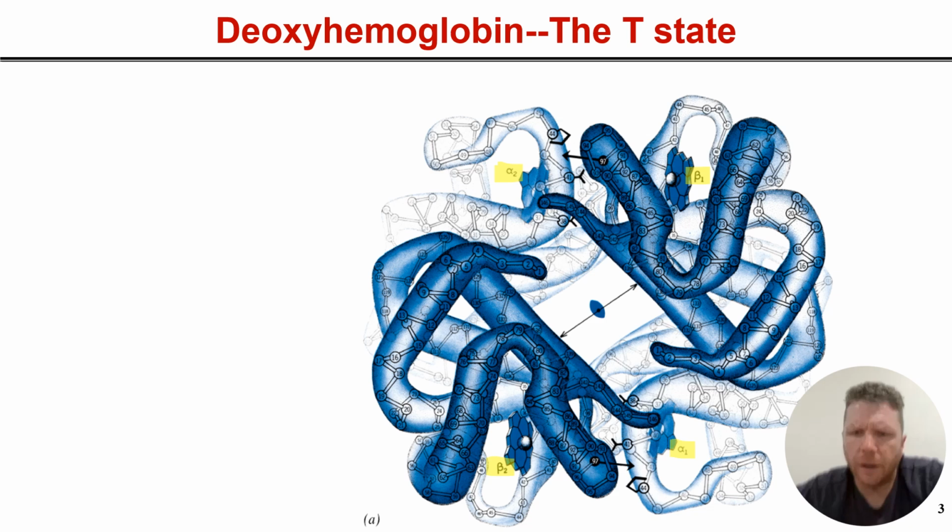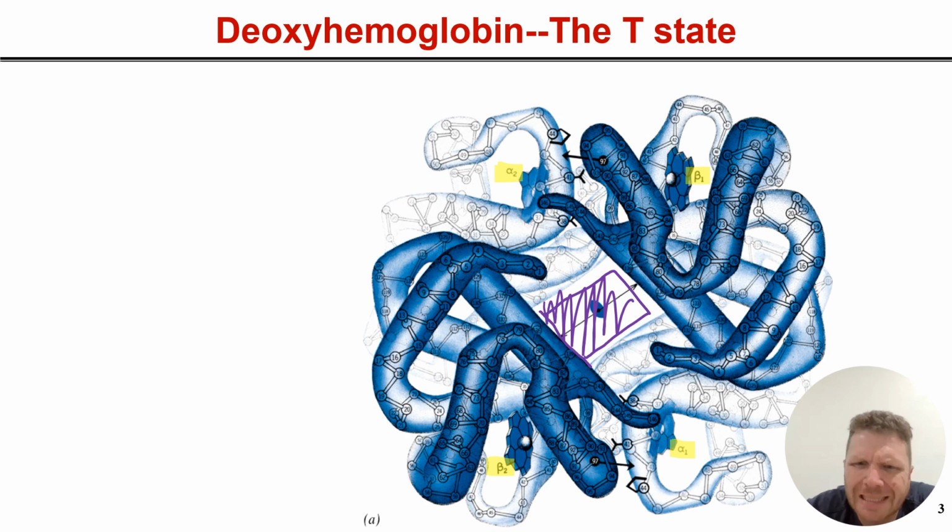Keep this depiction in mind, this space here, the size of this space. That's the space that exists within here. This is a central cavity where all four of our polypeptides meet and form this central cavity. This little dot in the middle is not really significant. It's just a pinpoint of the exact center.